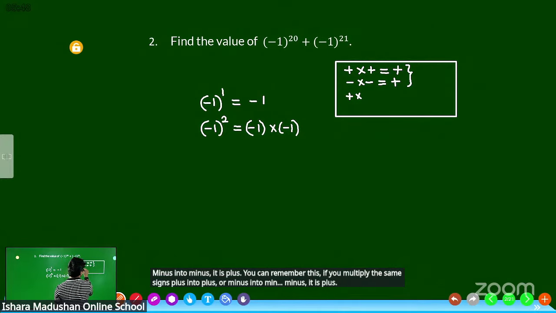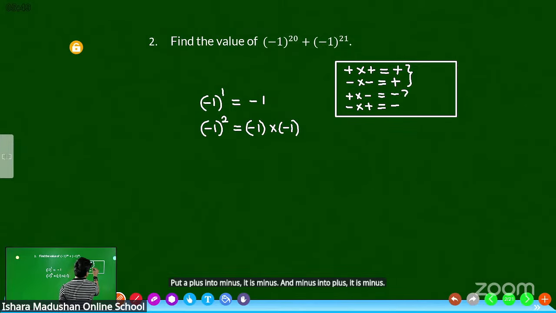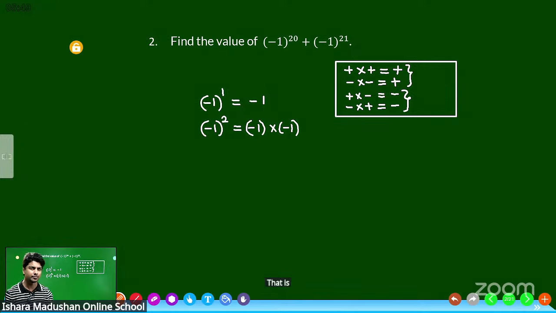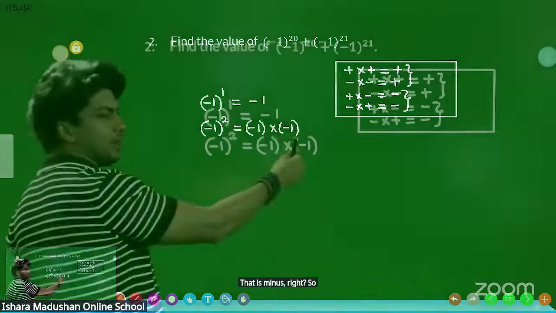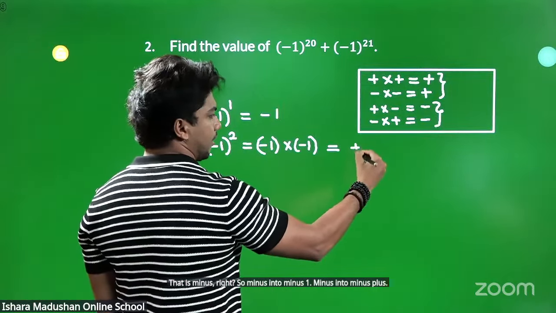Plus into minus, it is minus, and minus into plus, it is minus. If you multiply different signs, that is minus. So minus 1 into minus 1, minus into minus plus, 1 into 1, plus 1.